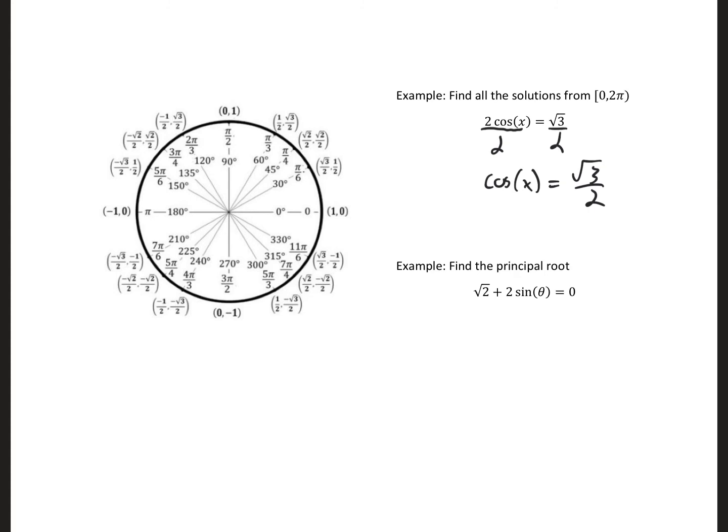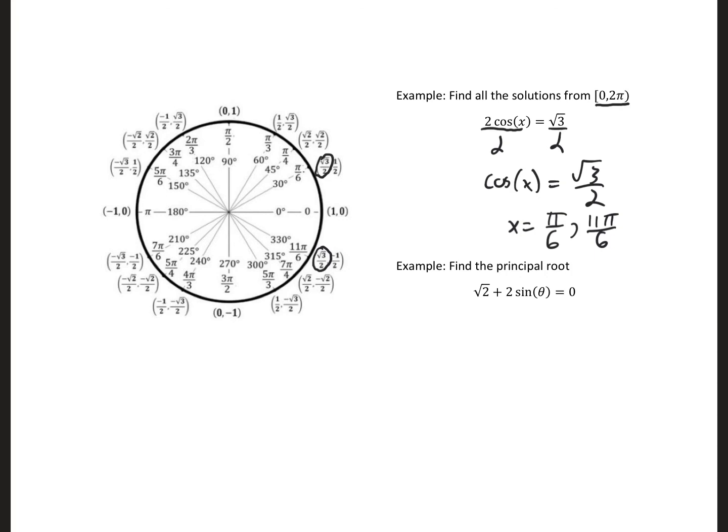So we want all of the values from 0 to 2 pi that, if we plug them in for x, give us square root of 3 over 2. That happens here, and it also happens here. So x could be pi over 6 or 11 pi over 6.